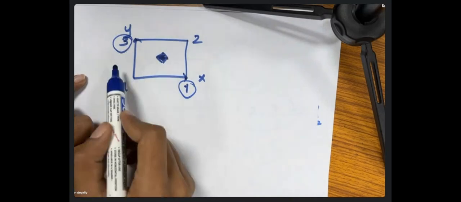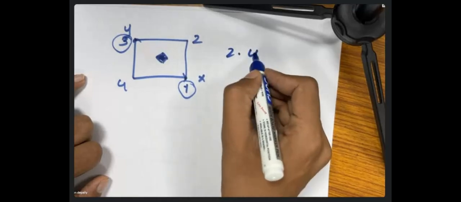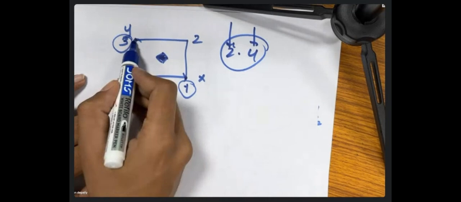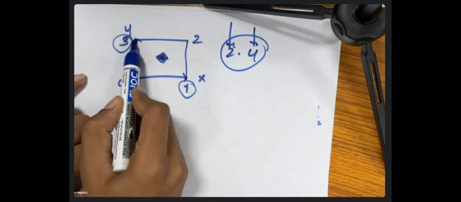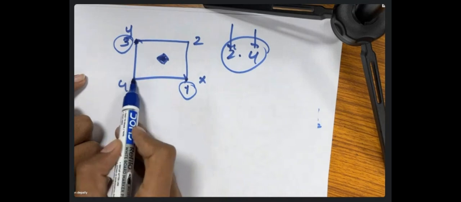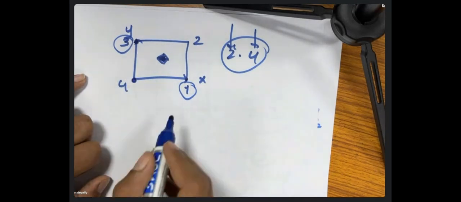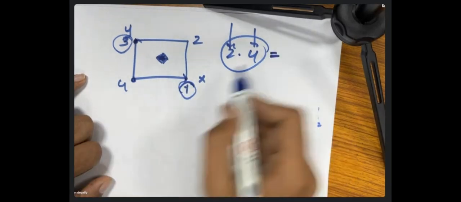After twofold followed by the fourfold. So twofold is done. Now we have to do the fourfold on this particular point which we have obtained. If I do fourfold on this, it will get to the point number 4. Is there any other alternative by which we can go from 1 to 4 directly? Yes, there is.